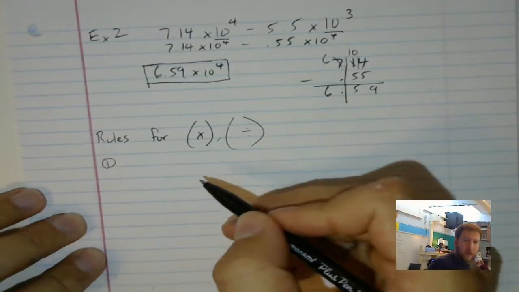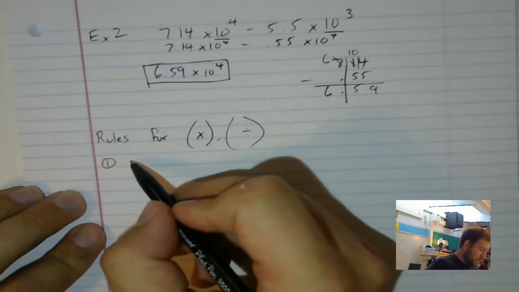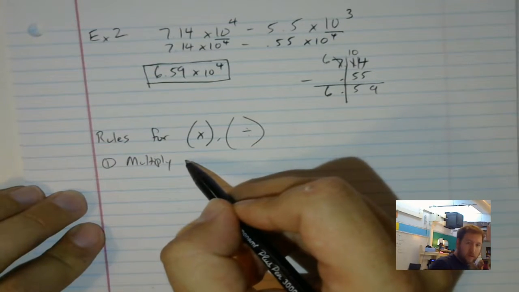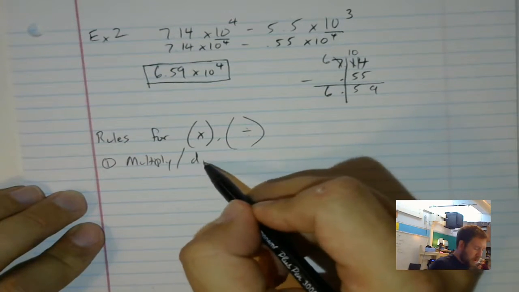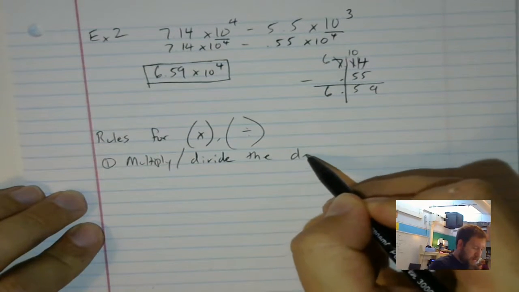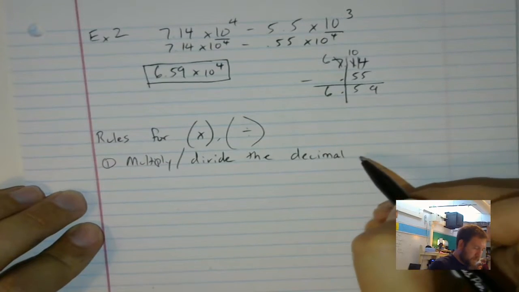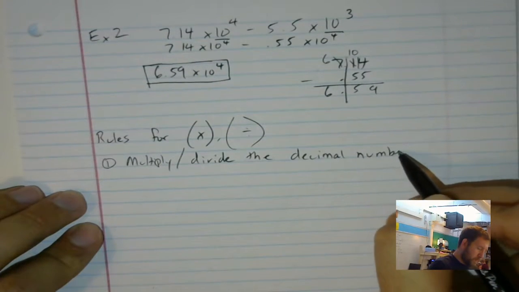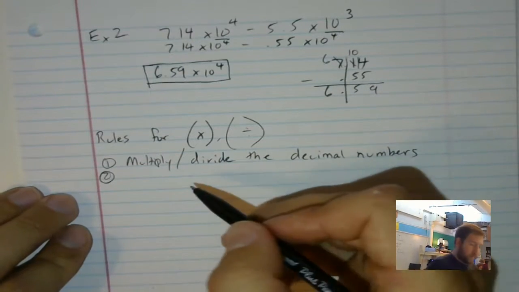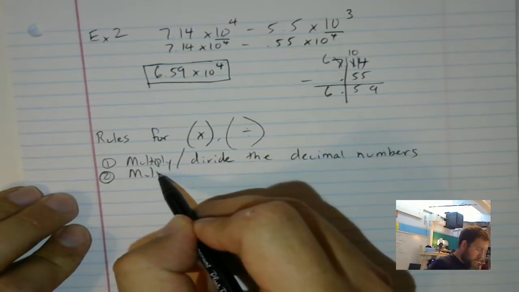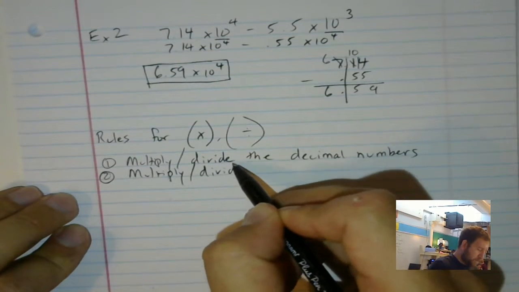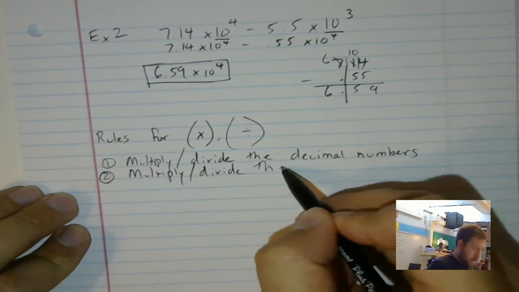Okay, our rules go like this. First, we're going to multiply or divide the decimal numbers. Then multiply or divide the exponents.